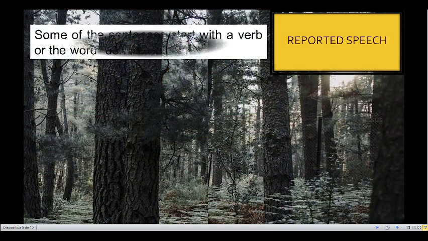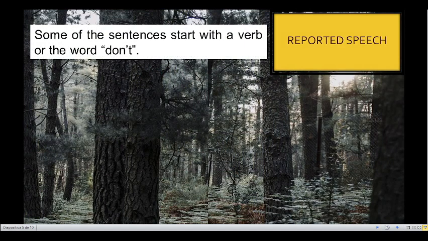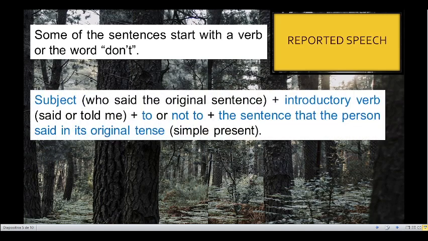But some of the sentences start with the verb, or the word don't. In this case, the structure will change. And let's check it. We will have to use, again, subject to set the original sentence, plus the introductory verb, said or told me, plus to for affirmative sentences, or not to for negative sentences, plus the sentence that the person said in its original tense.